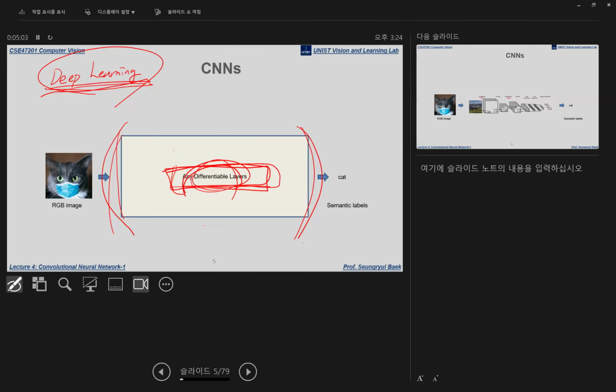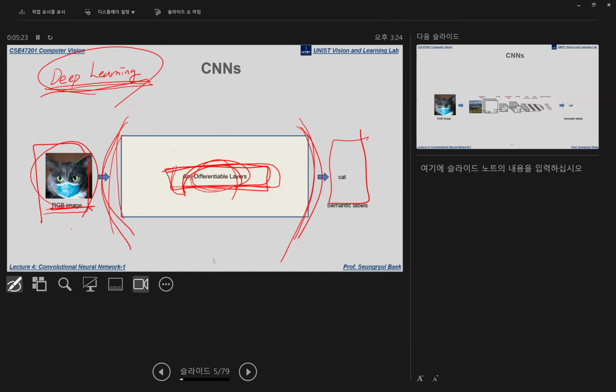What exactly is differentiability? Any differentiable layers could be in between arbitrary input and output values. I'm exemplifying the image classification task in this slide.